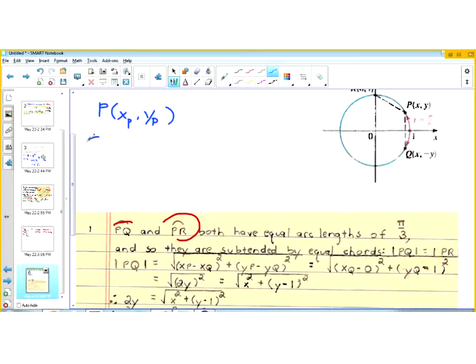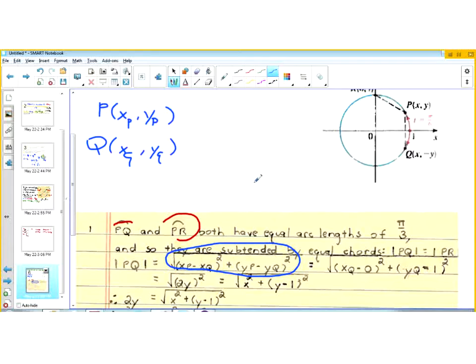And the coordinates of Q are represented by XQ, which equals XP, by the way, and YQ, which is equal to the negative of YP. Those are the coordinates, and we substitute them into the distance formula.